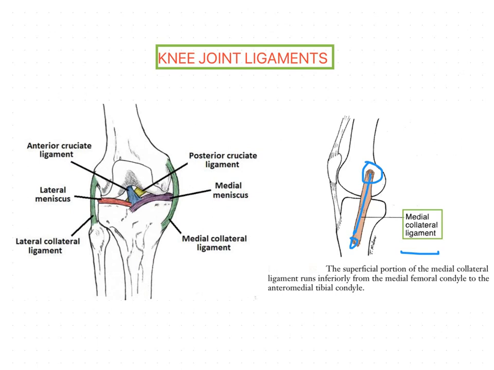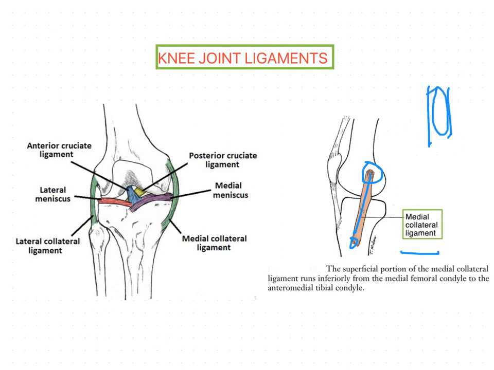If they ask for an essay or a short answer, you have to explain in detail, so that is what we are going to discuss now. The medial collateral ligament is divided into a superficial portion and a deep portion, and they are separated by a bursa.